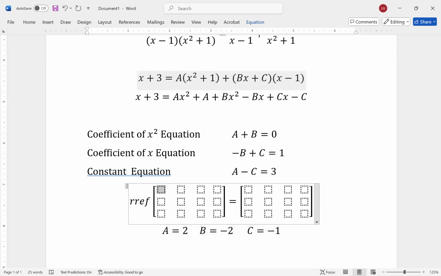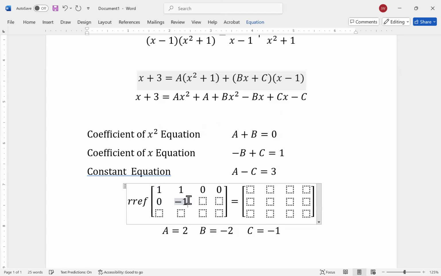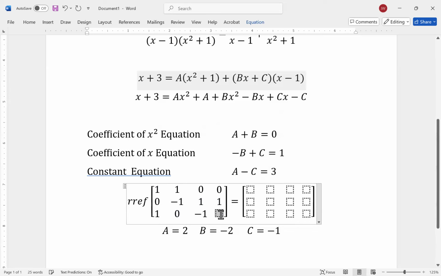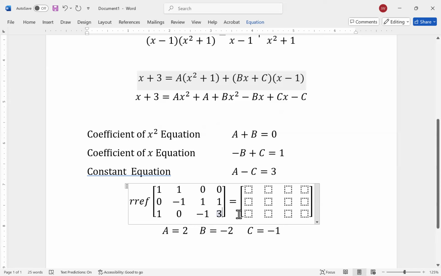If you did it using the RREF, you enter 1, 1, 0, 0: A plus B plus 0C equals 0. Then 0A minus 1B plus 1C equal to 1, that's the second equation. And then 1A, 0B, negative 1C equal to 3, that's the third equation.